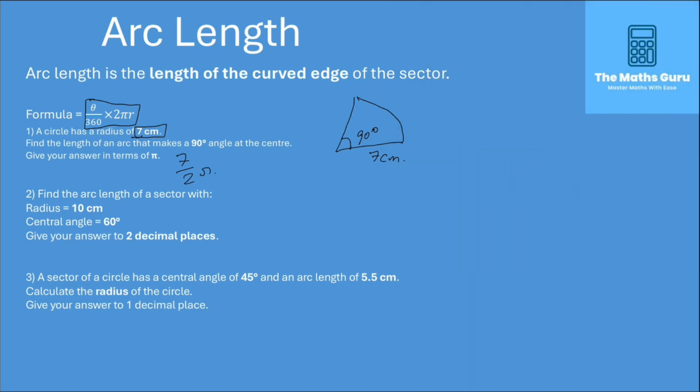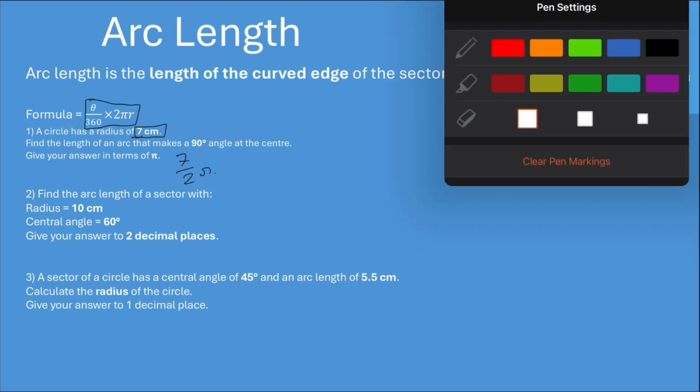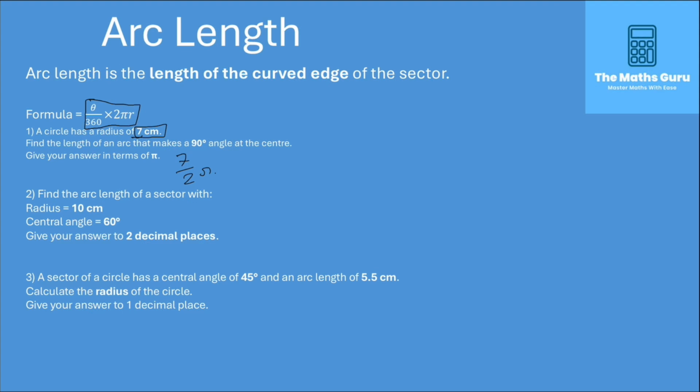Moving on to the second question. Find the arc length of a sector with a radius equal to 10 centimeters and a central angle of 60 degrees. Once again, plugging into our formula, we have 60 over 360 times 2 times pi times our radius of 10.